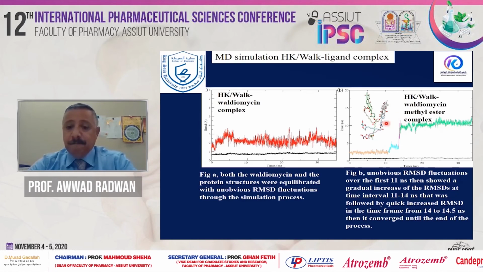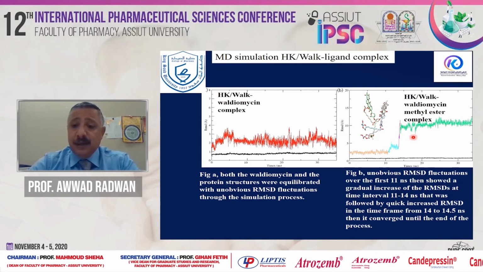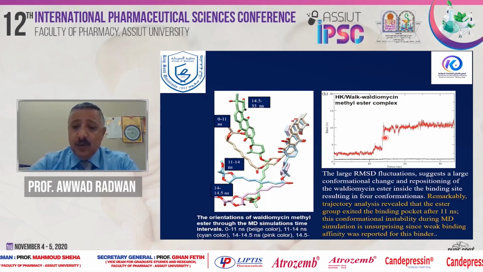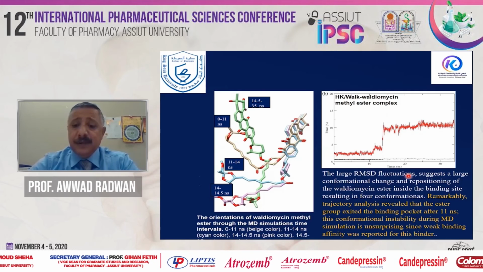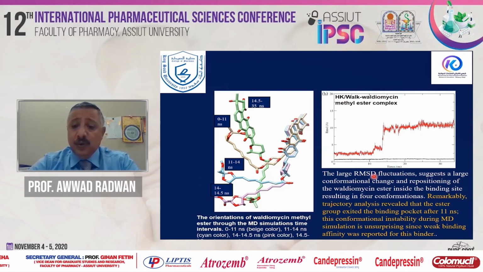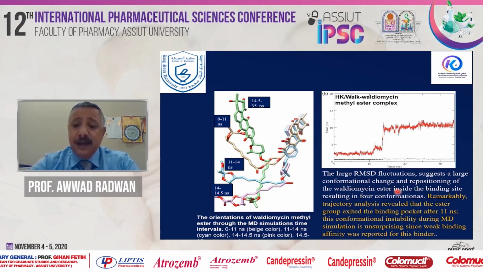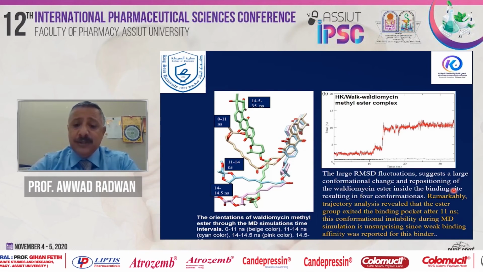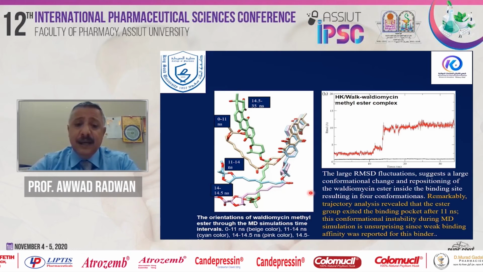This is what happened with the waldemicin methyl ester analog. The large RMSD fluctuation suggests a large conformational change and repositioning of the waldemicin ester analog inside the binding site, resulting in 4 conformations.